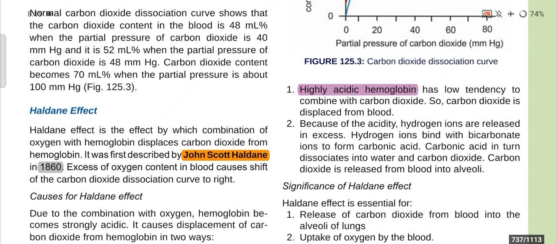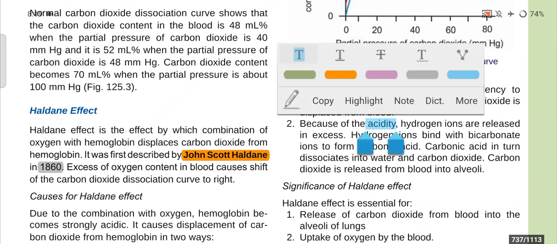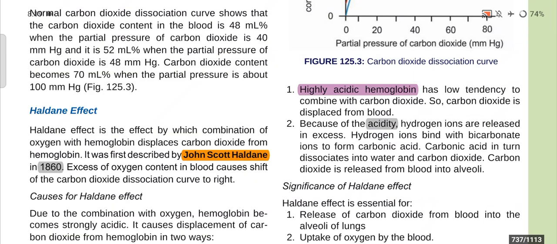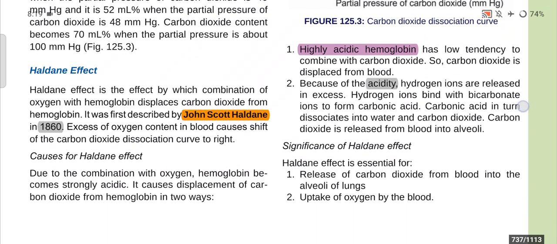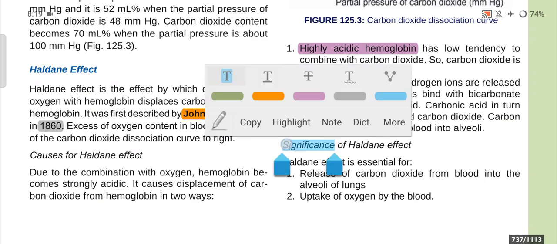So carbon dioxide is released from the blood into the alveoli. So what is the significance of the Haldane effect?